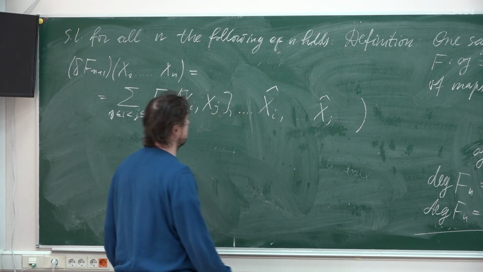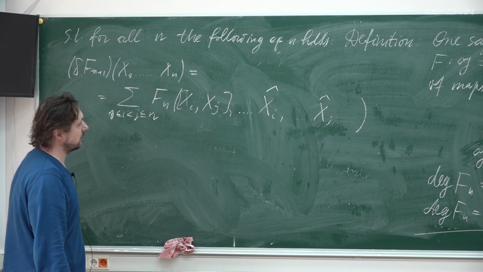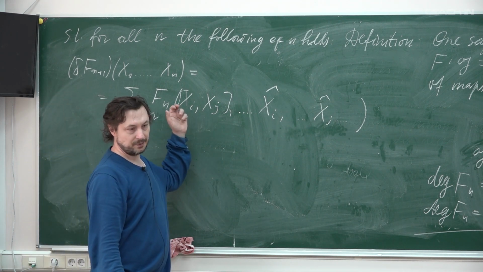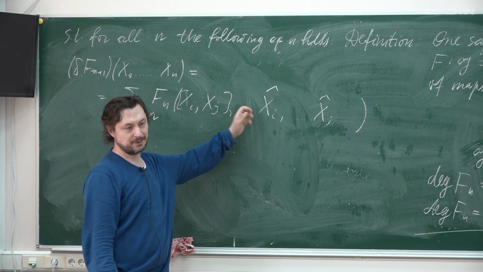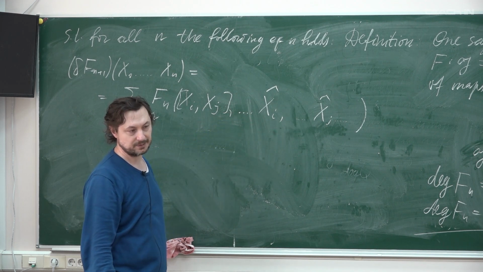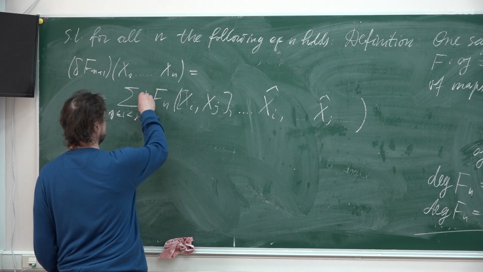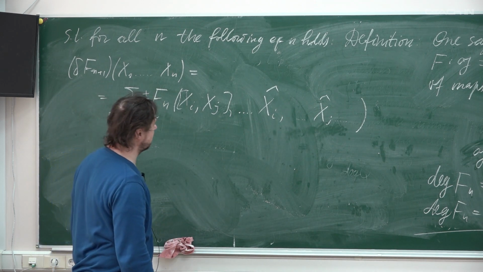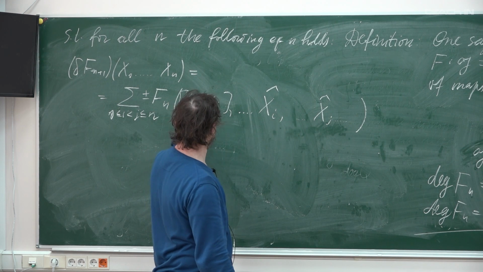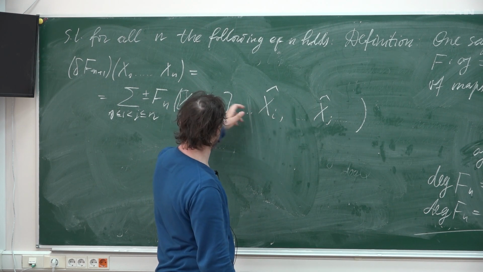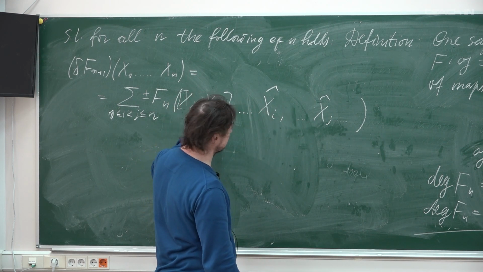As you see, there are as many as n terms in this sequence now. This one plus n minus 1 remaining terms in the sequence. Of course, there should be signs in front. These signs depend on the degrees of x1, x2, and so on, xn, and on the positions of xi and xj.